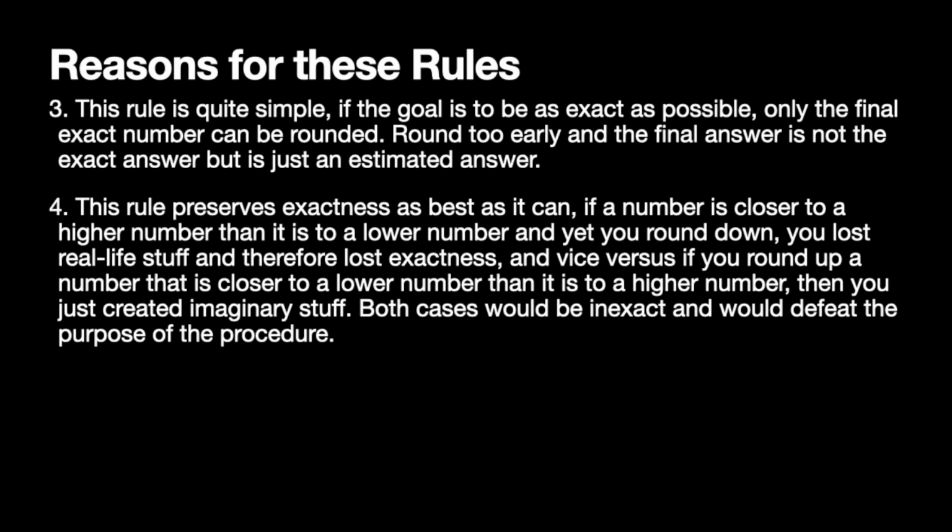If a number is closer to a higher number than it is to a lower number, and yet you round down, you lost real-life stuff, and therefore lost exactness. And vice versa. If you round up a number that is closer to a lower number than it is to a higher number, then you just created imaginary stuff. Both cases would be inexact and would defeat the purpose of the procedure.